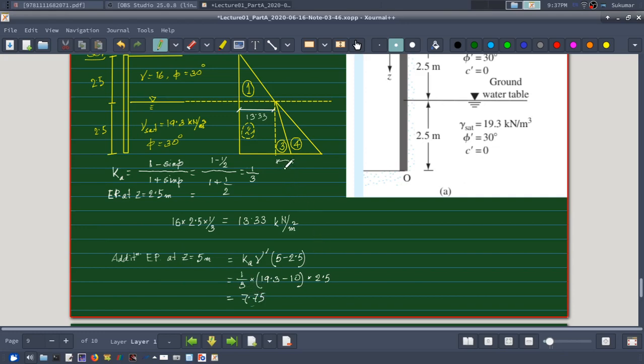Let me write it down here. This much is 7.75.